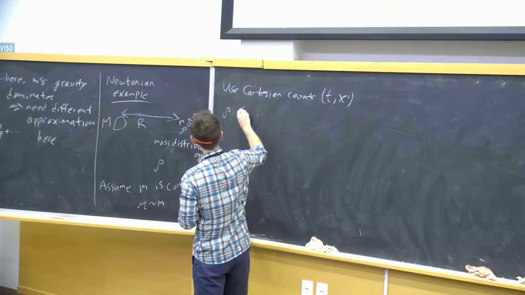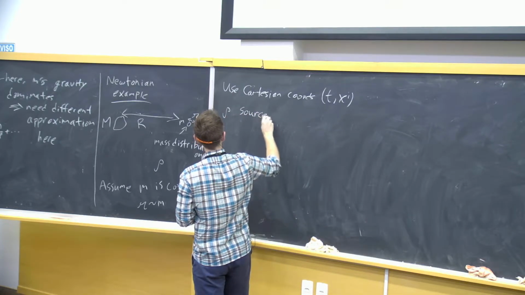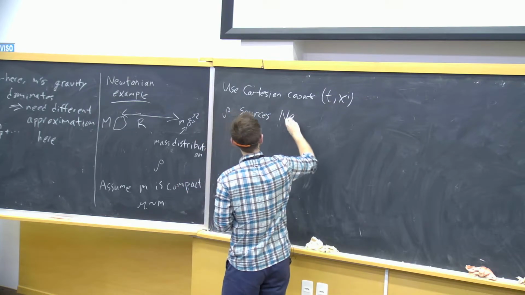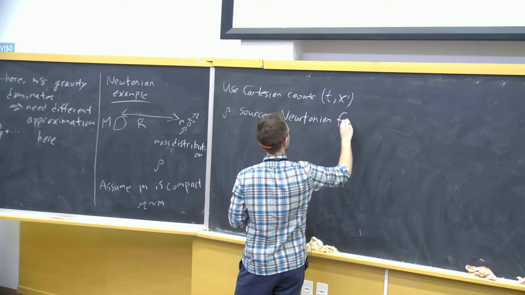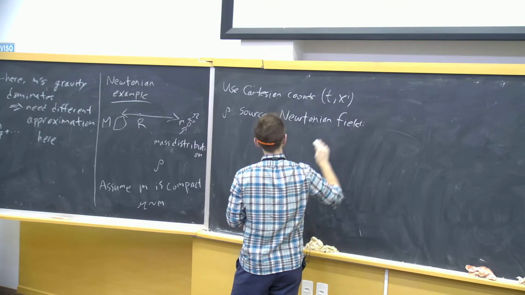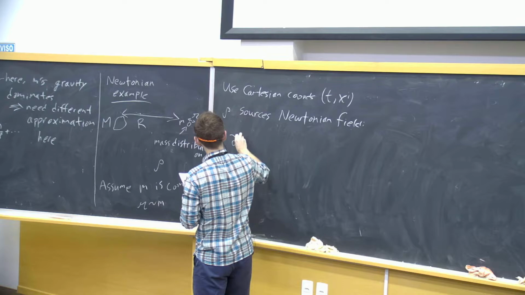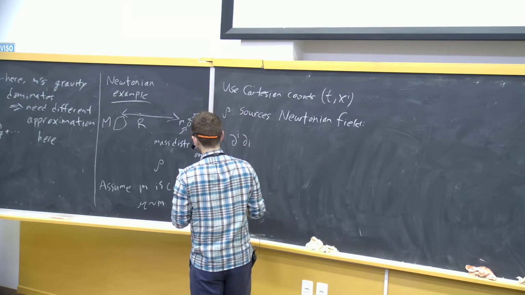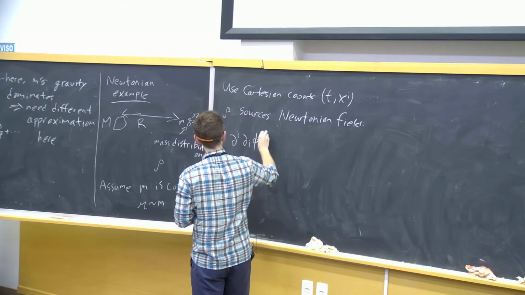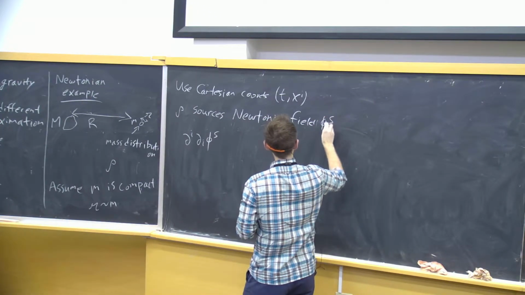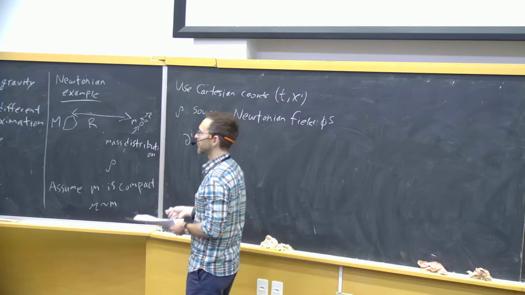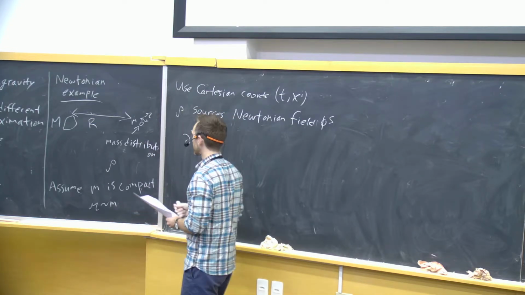Then rho sources a Newtonian field that satisfies the Poisson equation. And I'll call that the S field, meaning the self field of the small object.